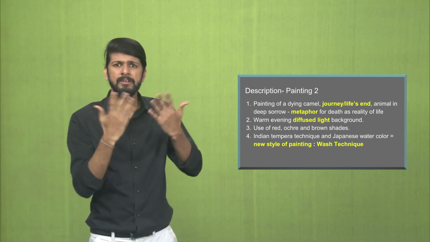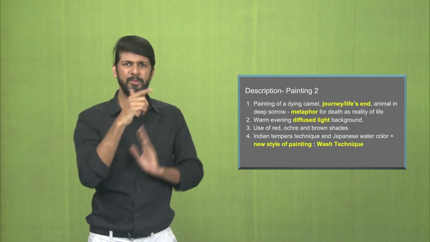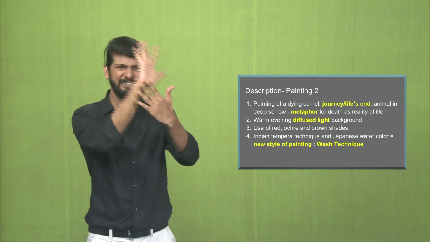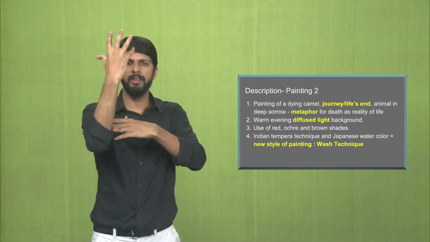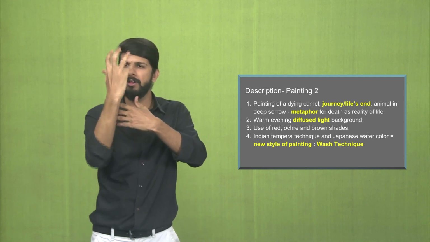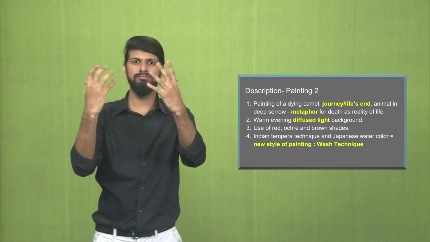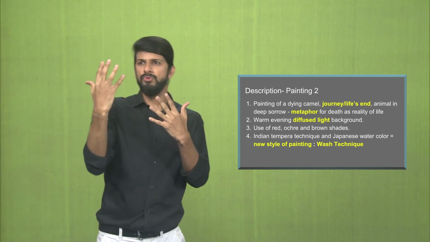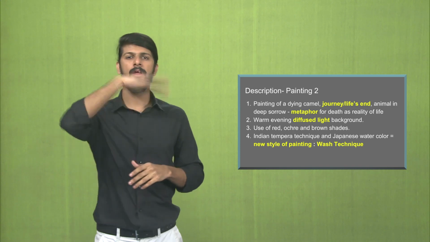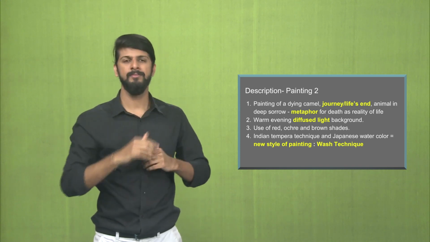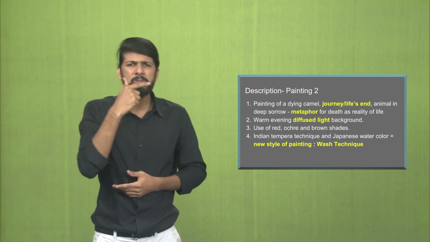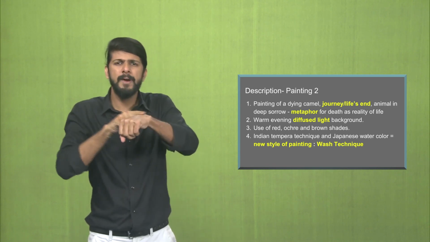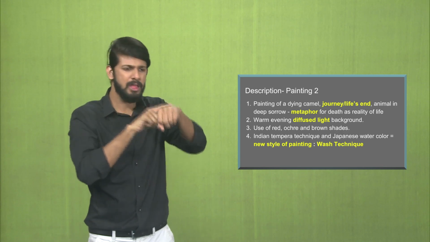The painting shows brilliant diffusion of background light. It shows a warm evening, the time somewhere around 4, where it's almost about to be sunset, and the rays of the sun at that time look very red, and the background is done as such. The colors used are red, ochre and brown shades.